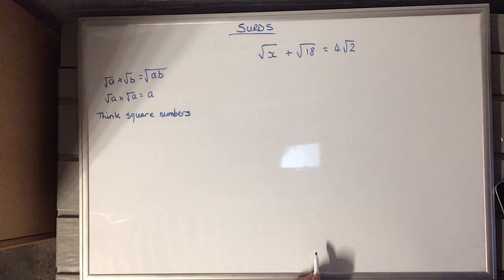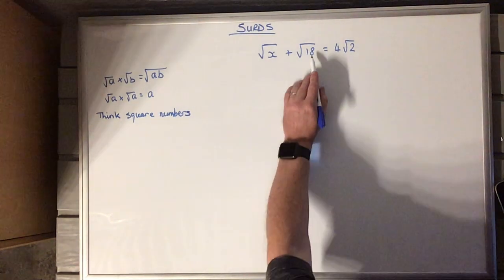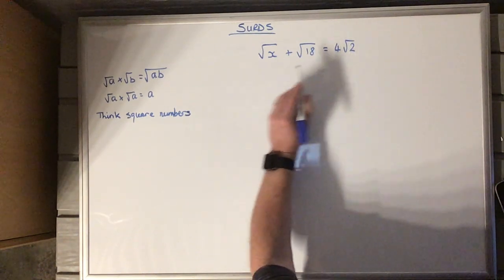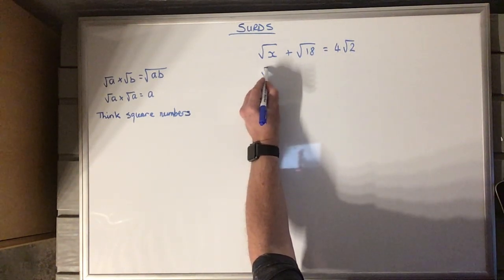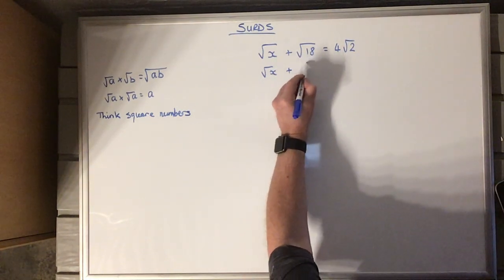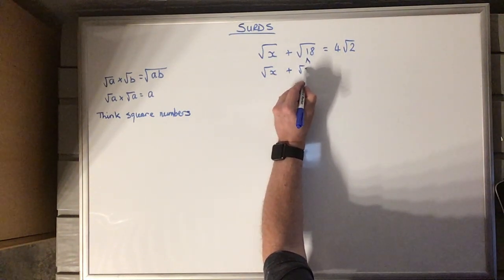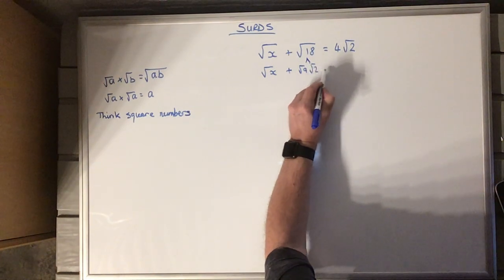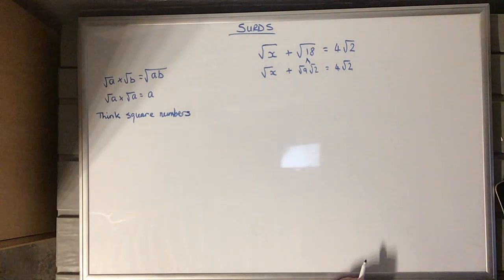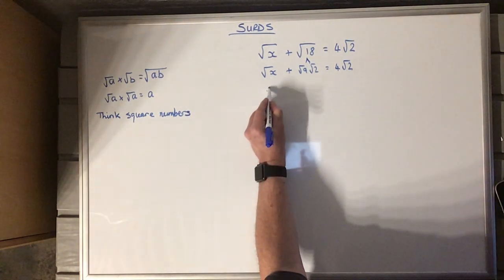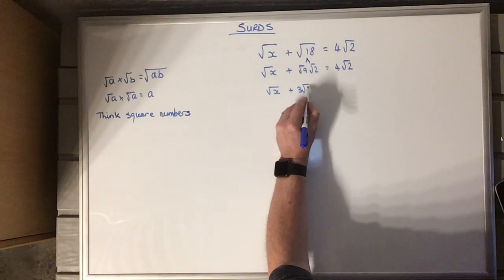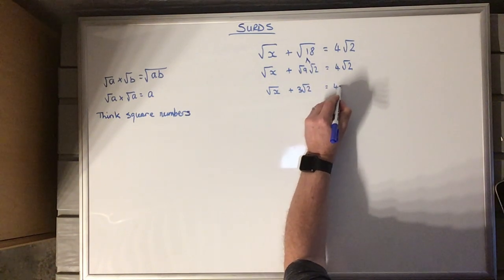Well, it's just like an equation. We need to write root 18 in terms of root 2 if we can. So let's try that. Root x plus, splitting that into root 9 root 2, is equal to 4 root 2. Well, that's going to give me root x plus 3 root 2 is equal to 4 root 2.